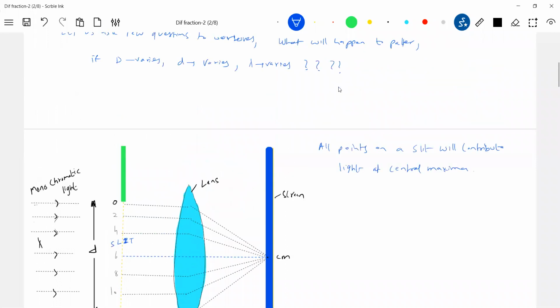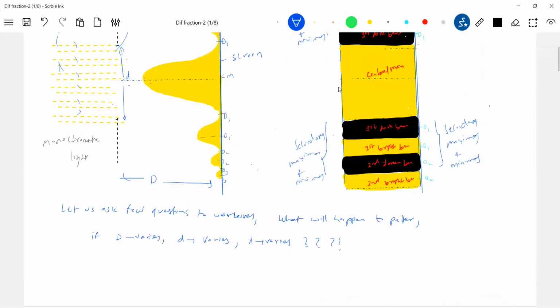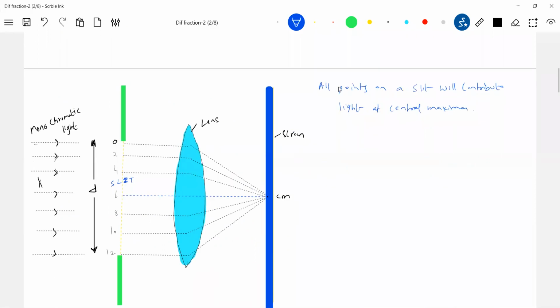Why is the intensity of the central maxima maximum? Because all points on the slit contribute light and undergo superposition, and constructive interference occurs. Or, all waves arriving at the central maxima undergo constructive interference.